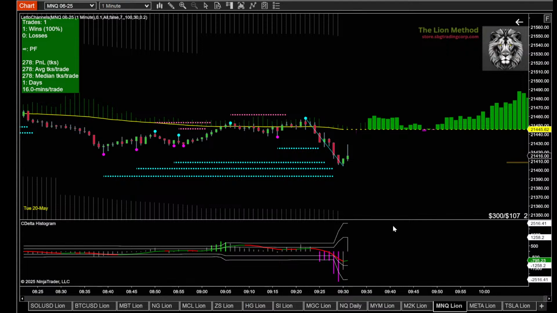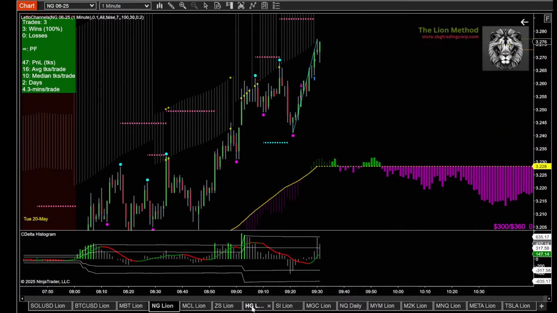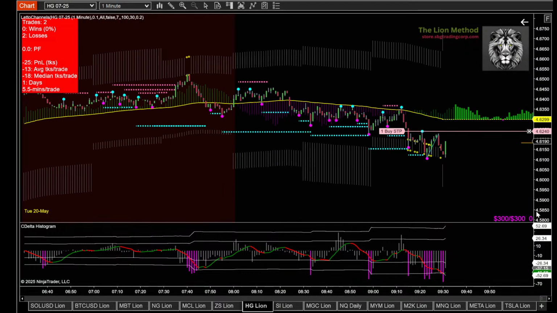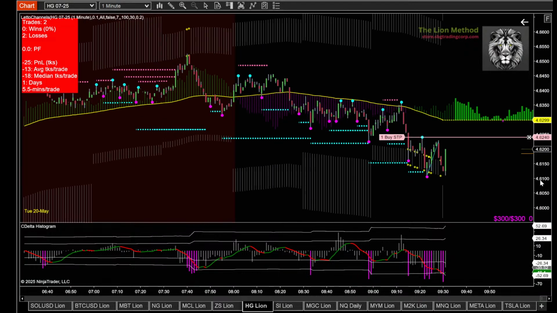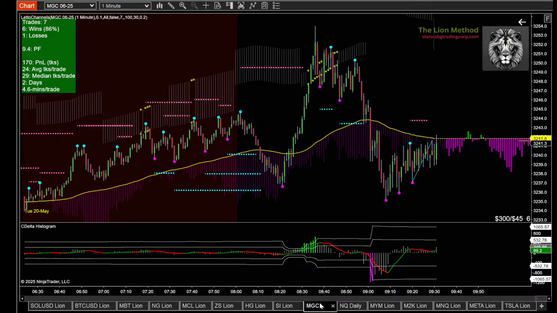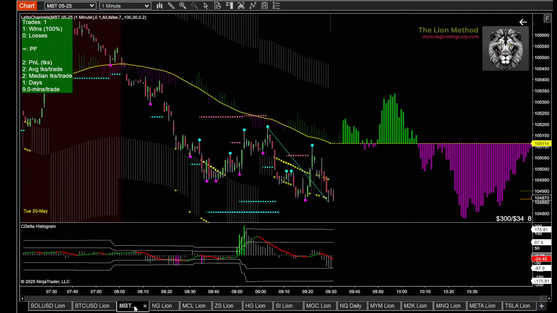Did not hit overbought or oversold in the equities. Copper still oversold. All right, let's start off here. Micro Bitcoin is oversold.